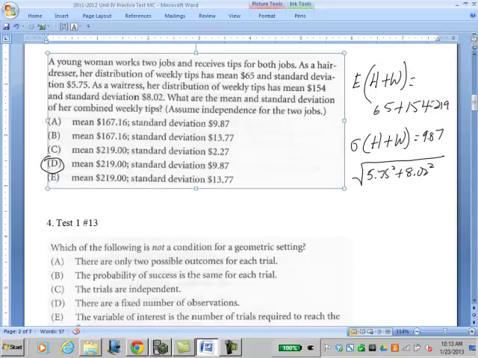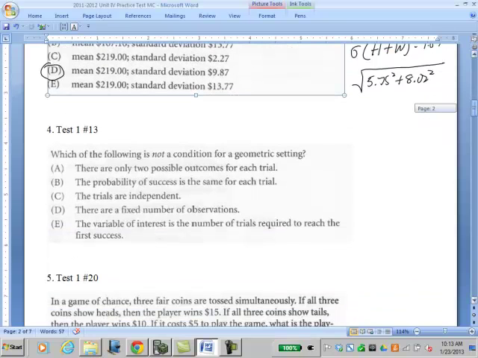Okay? Continuous random variables, as long as they're independent of each other, okay, you can do this computation. All right. 13. Which of the following is not a condition for a geometric setting? A geometric probability is Bernoulli. So, one of the requirements for a Bernoulli is that there are only two outcomes. So A is required.